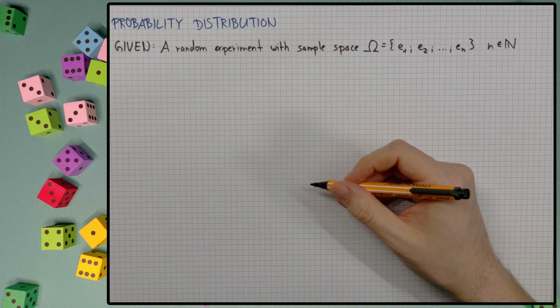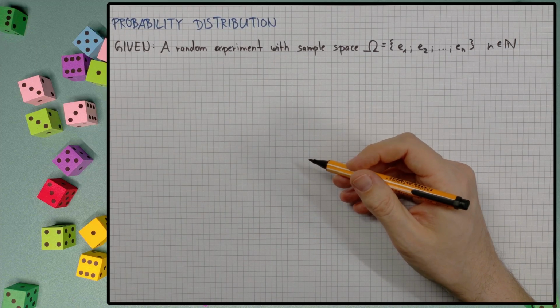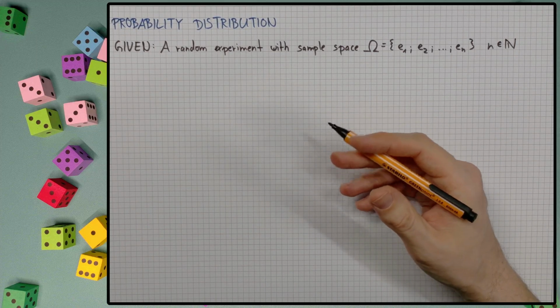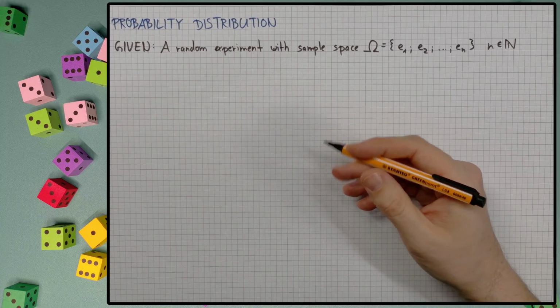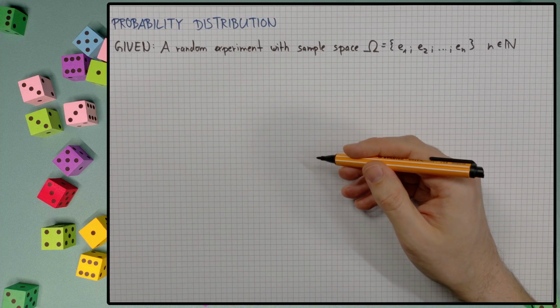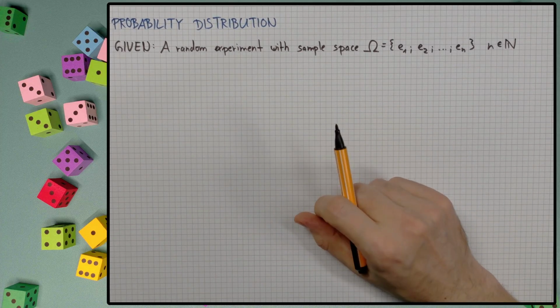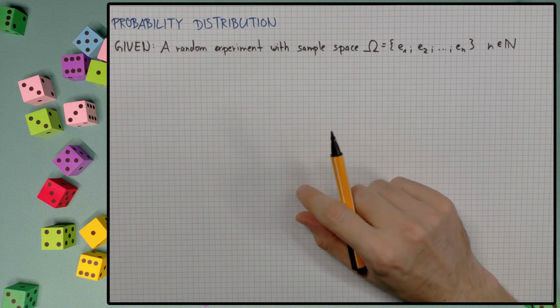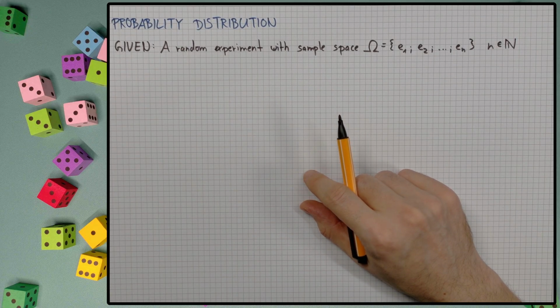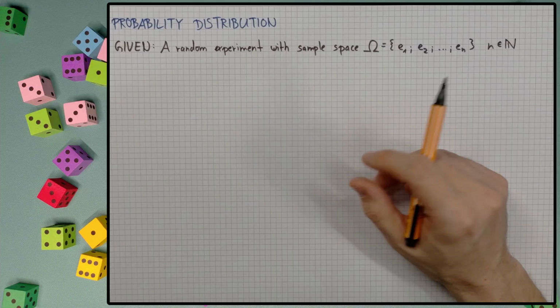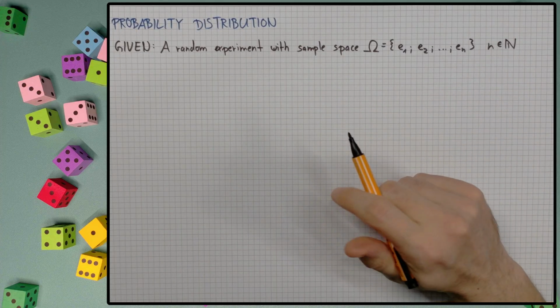And that letter is going to be a natural number. Natural numbers are 1, 2, 3, 4, 5, 6, 7, and so on. So there are no negative numbers in here, there are no fractions. It's really just as if you were counting them.